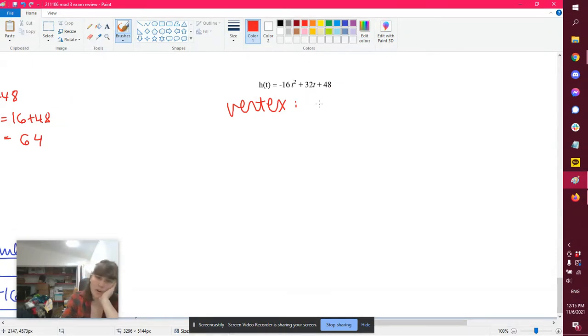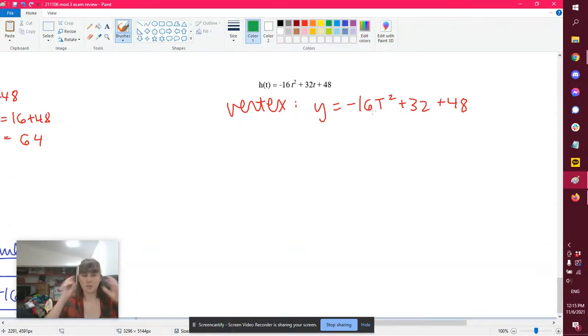This equation, negative 16t squared plus 32t plus 48, to put it into vertex form is kind of complicated. We're going to do it, but buckle up. Be patient with yourselves.